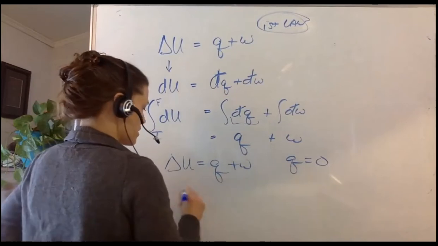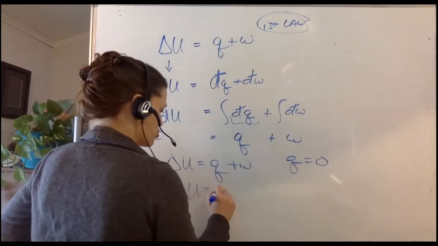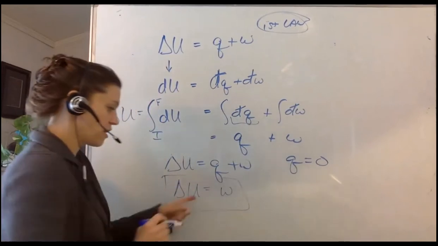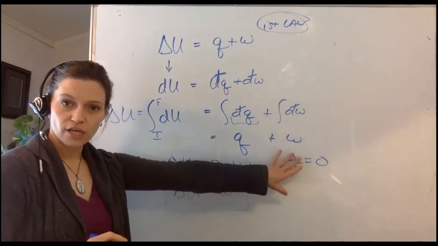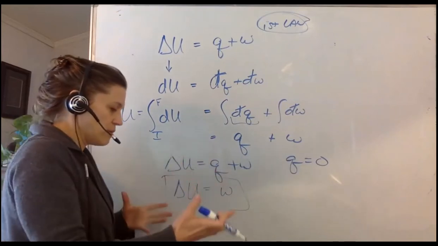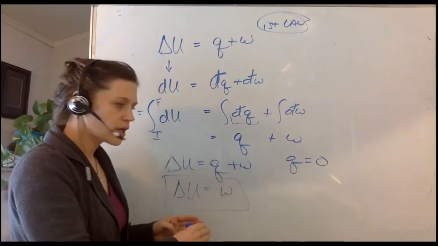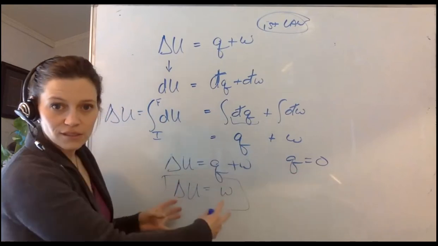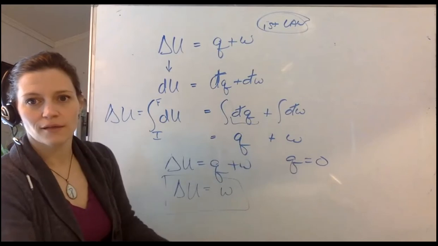And if we impose it, that means delta U equals just work. We're going to focus on this type of system, develop the relationship between delta U and work, and then when we get back to exploring this relationship, we'll add Q back in.